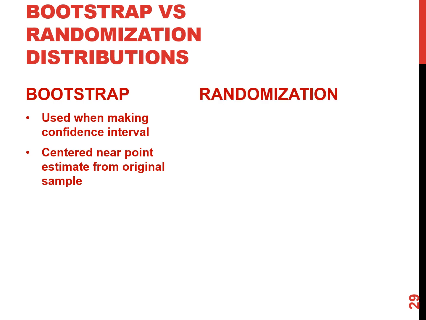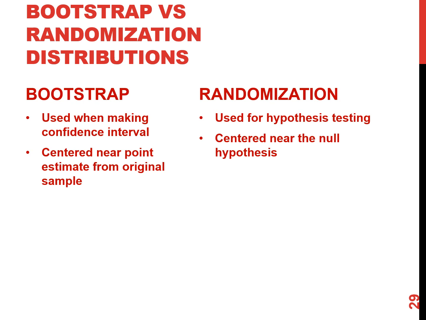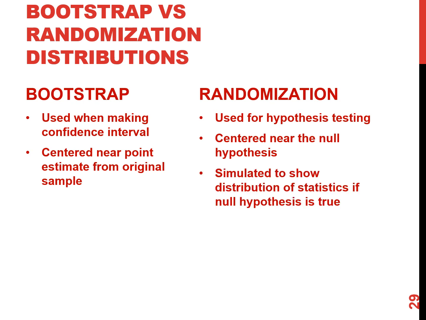A randomization distribution is used for hypothesis testing because it's simulated to show results that are consistent with the null hypothesis. It will always end up centered near the null hypothesis. And the whole purpose for simulating that randomization distribution is to show a distribution of statistics that might occur by chance if the null hypothesis is true, so that we can then find the p-value.